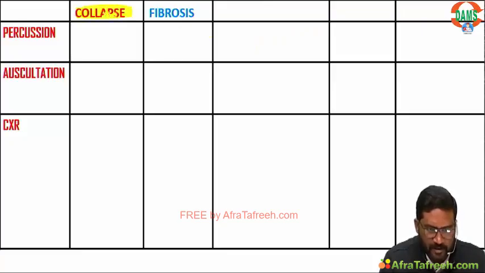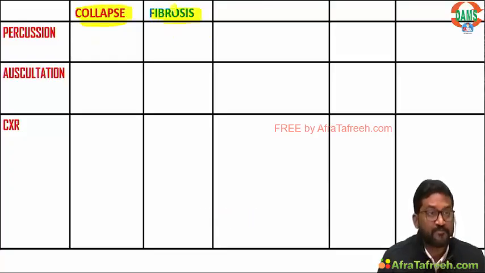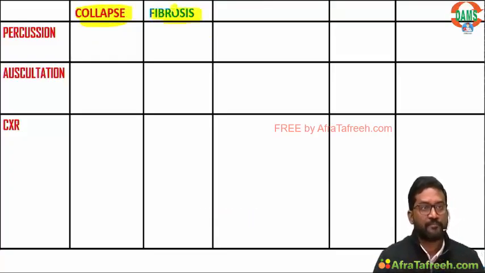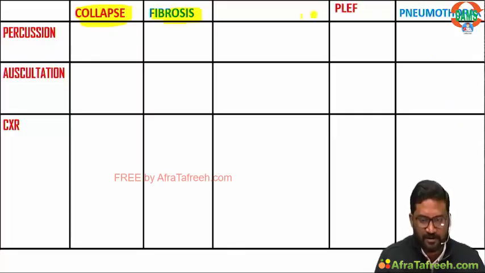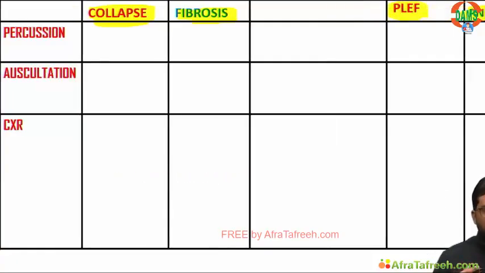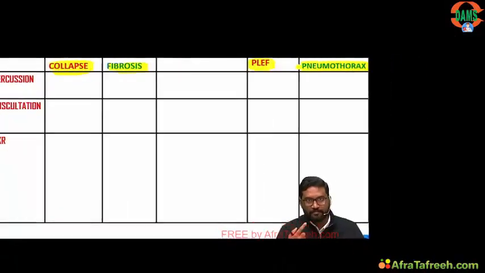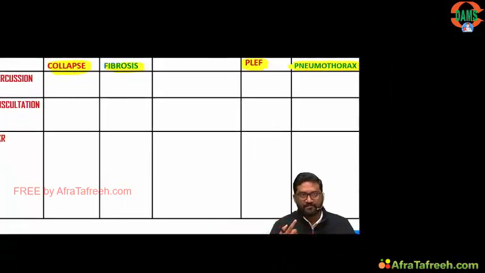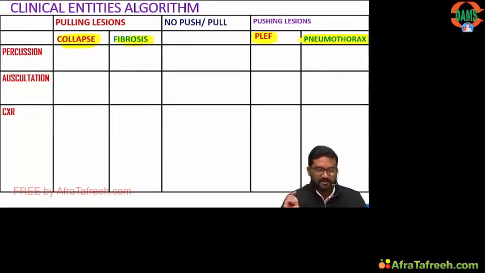One is collapse and the other is fibrosis. No push, no pull, we have consolidation, whereas pushing lesions are pleural effusion and pneumothorax. I think yesterday you must have learnt about so much of push. So there is also a push in pulmonary medicine. It is nothing but a pushing lesion.